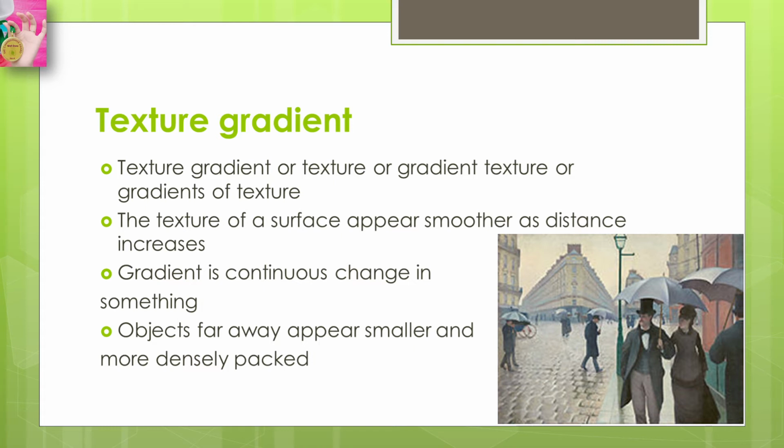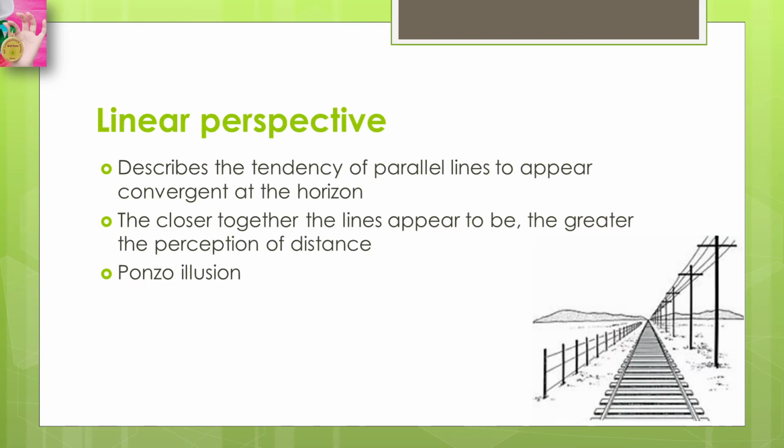Now, the farther away an object is, the less textured it will be and the more densely packed it will be, while the region closest to the observer will have many details. As distance increases, the texture becomes finer and the brain can use this information to produce an experience of depth. So this was all about the texture gradient, and the next term is the linear perspective.